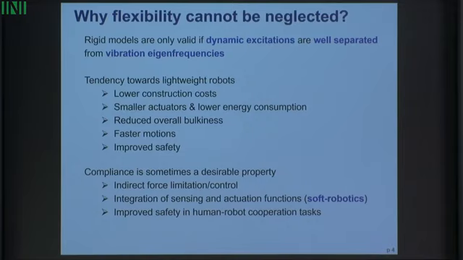In these robots, there is a tight integration of sensors and actuators in the structure. It's really based on the fact that the structure is compliant, is soft, and that allows this type of integration. This compliance is also quite interesting when developing human-robot cooperation tasks.